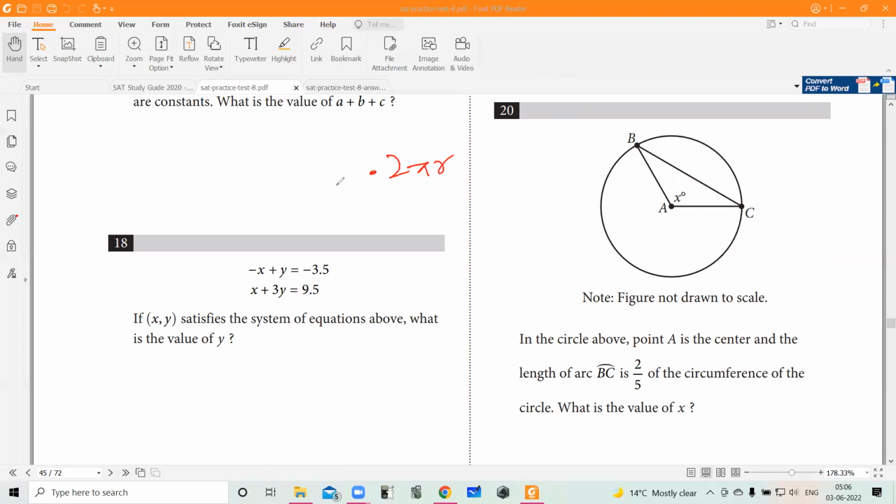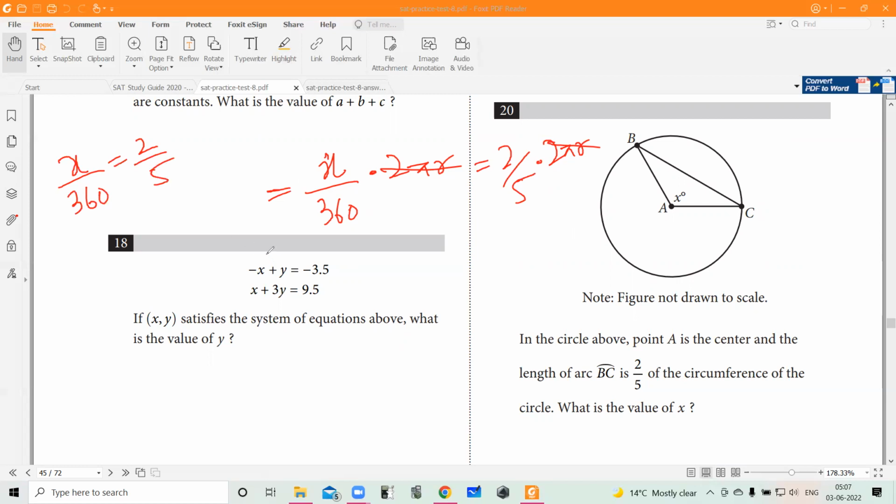The length of the arc is x over 360 times 2 pi r, and they're telling you it's 2/5 of 2 pi r. If you divide both sides by 2 pi r, you get x over 360 equals 2/5.